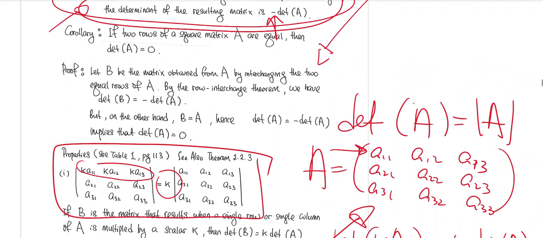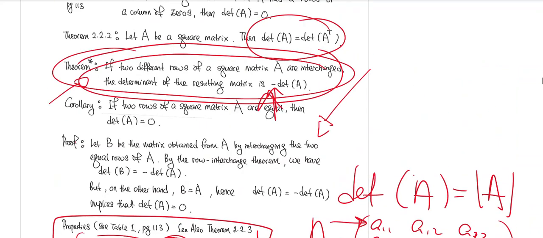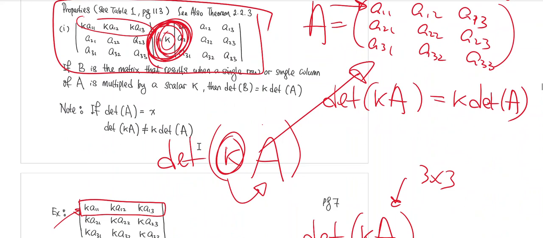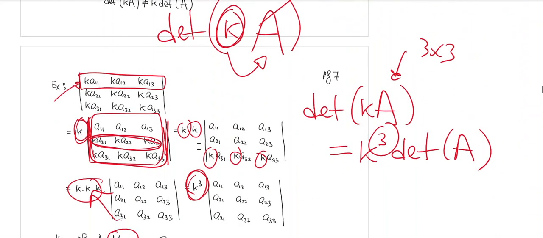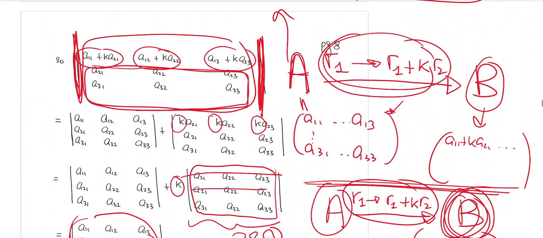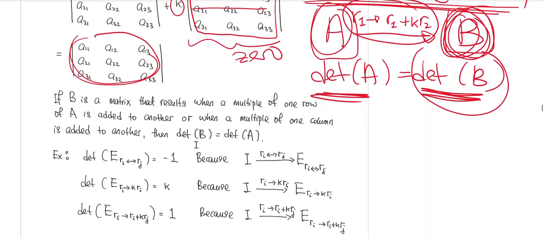And you can also multiply a row by a constant, and then you have to take the constant out. So there are three different types of row operation. Interchanging rows is a row operation. Multiplying a row by a constant is also a row operation. For those two row operations, the determinant will change. But for this type of row operation, the determinant is the same. That's what I'm saying. Okay, right.